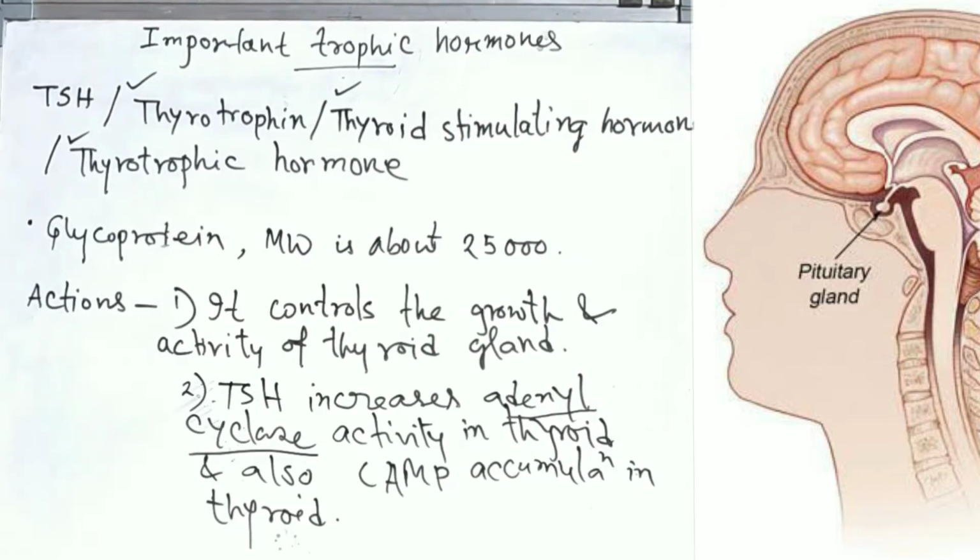So these are the important actions of the TSH. This TSH secretion is under the control of the hypothalamus, as I have told before. So stimulation of the hypothalamus causes the release of TSH from the pituitary gland.